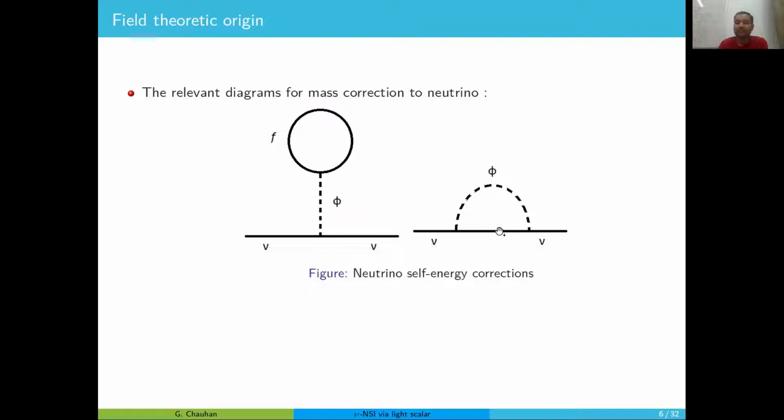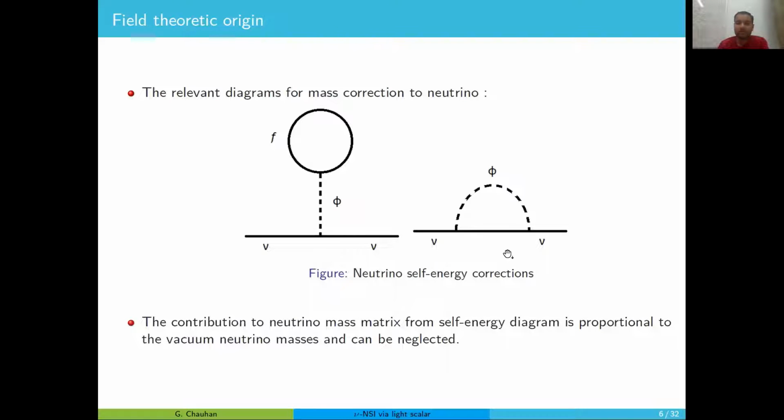So in this case, since the internal lines are neutrino and phi, and there are very few cases where neutrinos get thermalized, except we know that in the core of a supernova they are thermalized, so these diagrams might be important there, but usually we only calculate the first term, which is the dominant one. So this term will come to be proportional to m nu. So this is why we are not looking much at it, but we do calculate it in our paper. And if you want more details, you can look there.